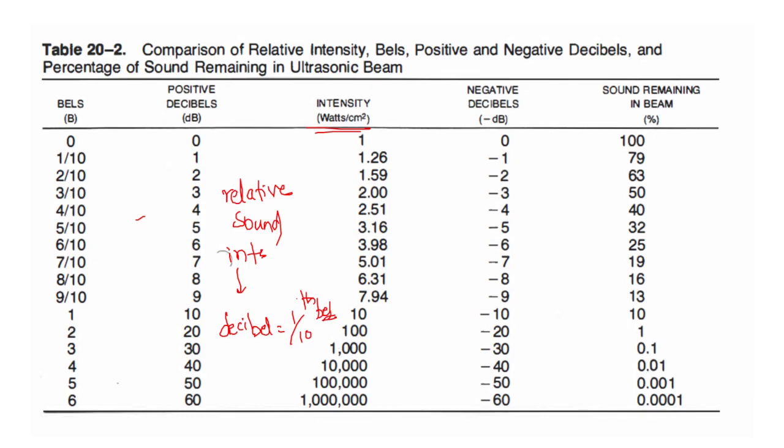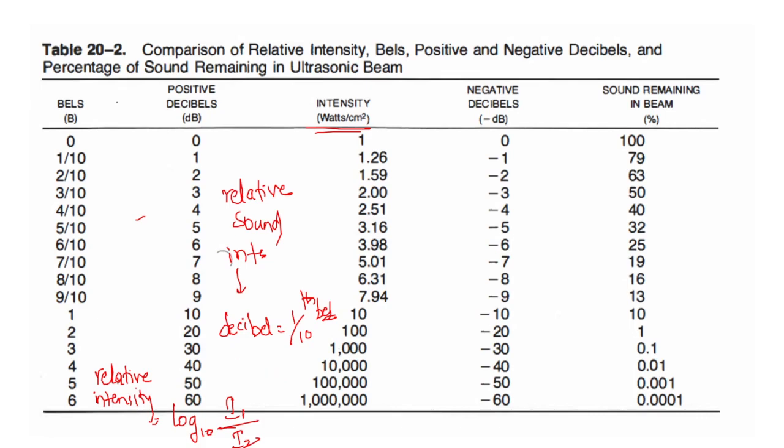It is the relative power of two sound beams expressed logarithmically using a base of 10. The relative intensity can be given by the formula log base 10 of intensity of sound 1 by intensity of sound 2. This is called the decibel.